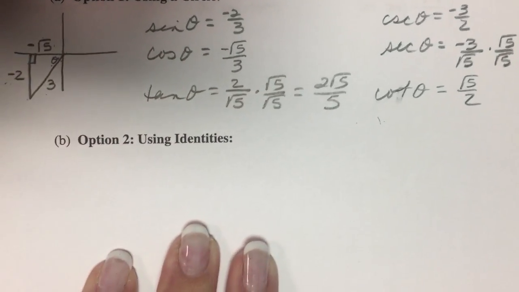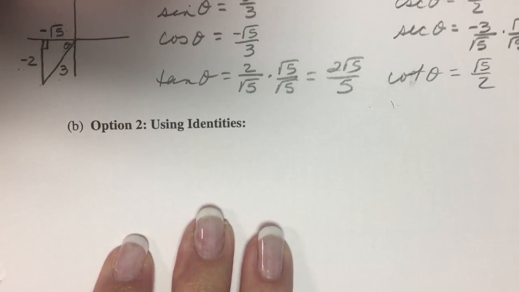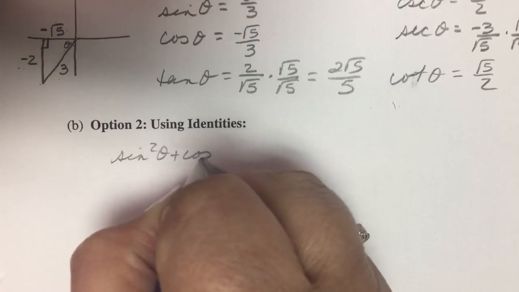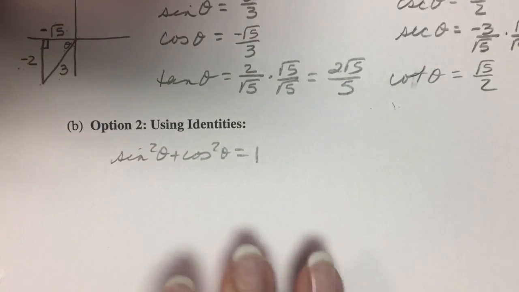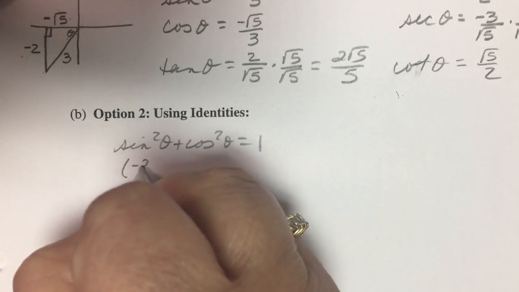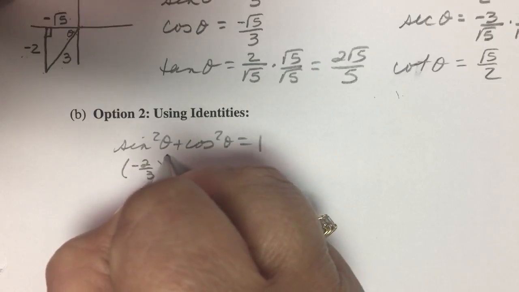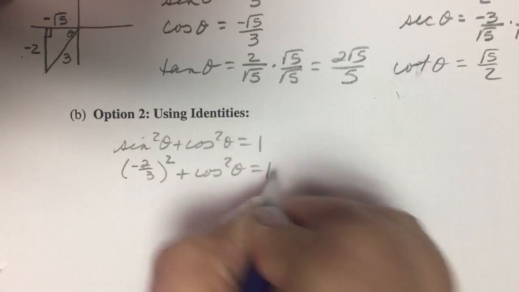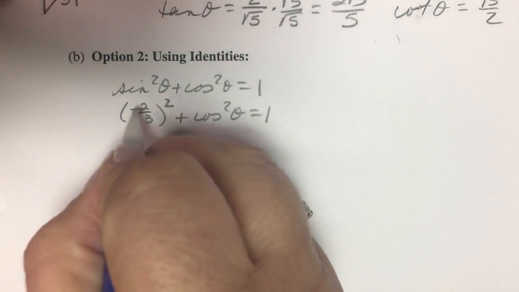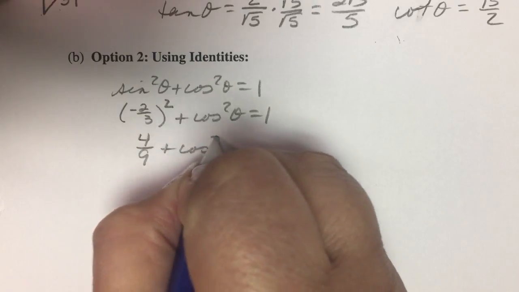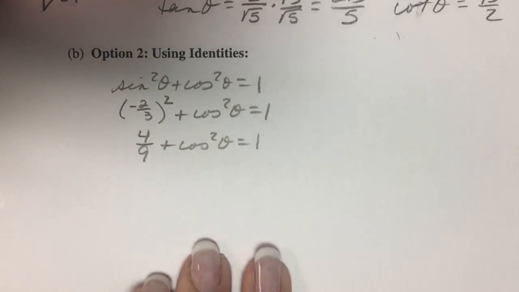So option 2 is to use your identities. The identity that you would use would be sine squared theta plus cosine squared theta is equal to 1, your Pythagorean identity. What you would do is you would toss in your sine. So that would be negative 2/3, but since it's sine squared, you'd square it, plus cosine squared theta equals 1. Negative 2/3 squared would be 4/9, plus cosine squared theta equals 1.